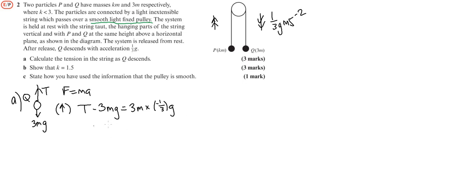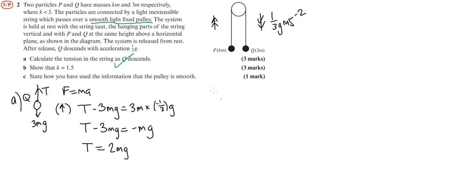Okay, so if I put 3mg, now I've got 3m times minus 1/3 g, which means that that is minus mg. Now I'm going to add 3mg to both sides, so that means that T is going to be equal to 2mg. So that's A taken care of.